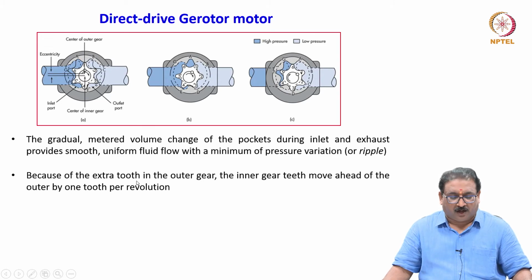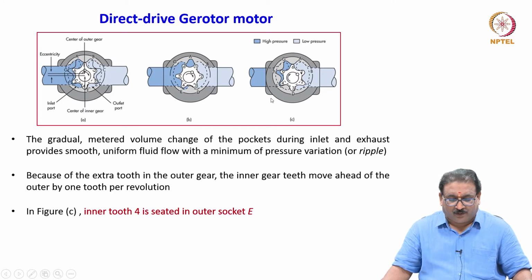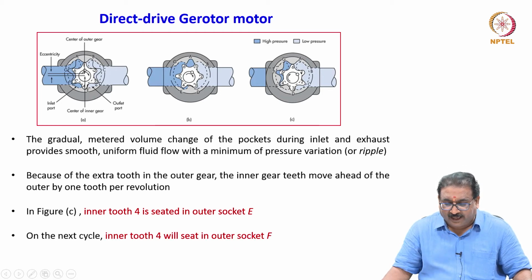Because of the extra tooth in the outer gear, the inner gear teeth move ahead of the outer by one tooth per revolution. In figure C, you will see inner tooth 4 is seated in outer socket E. On the next cycle, when it completes, what happens?